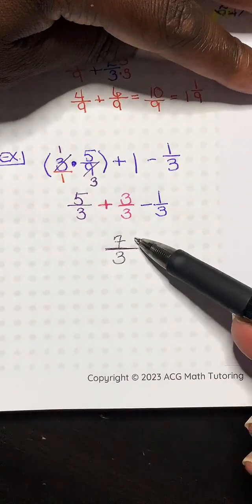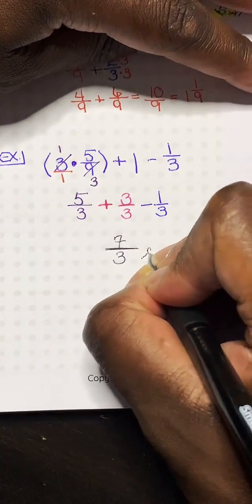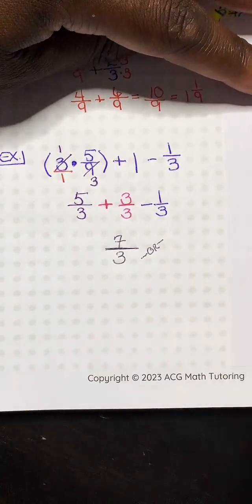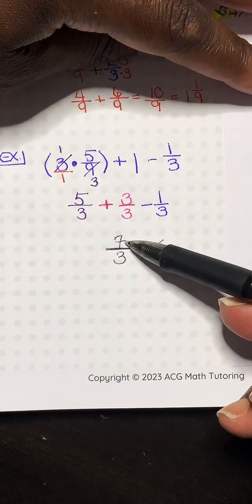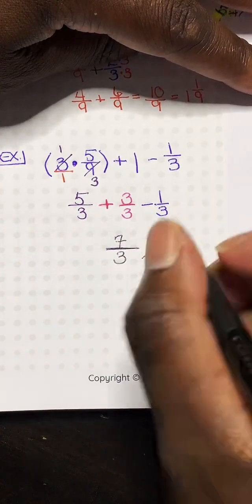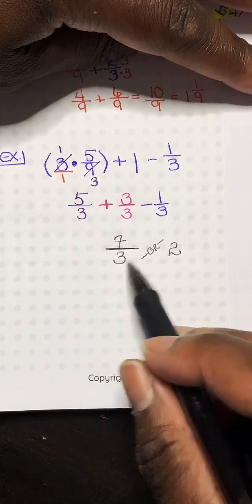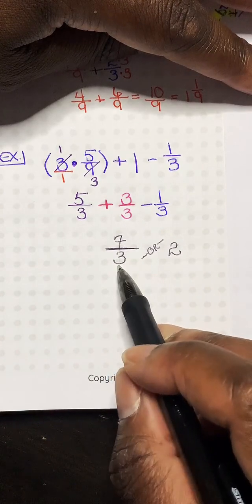So we have 7/3. And for all my people that don't like improper fractions, so how many groups of 3s can go into 7 without going over? 2 of them. Because 3 times 2 will give me 6. 7 minus 6 will give me 1.